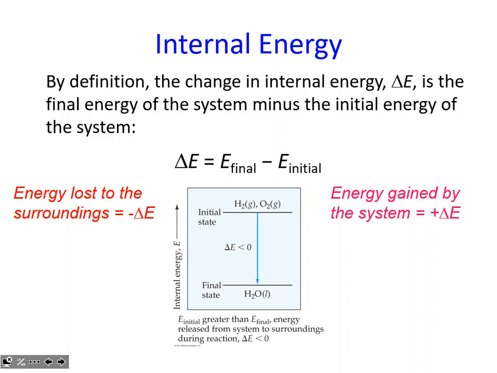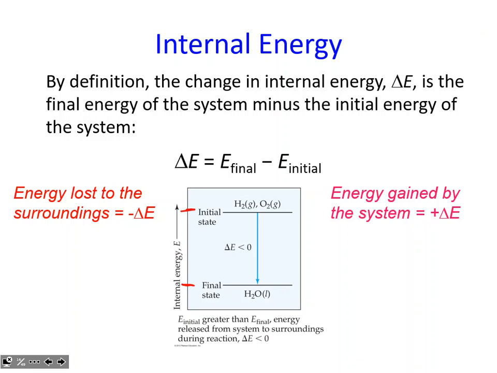And internal energy, what does that mean? Looking here, if we have hydrogen and oxygen combining to form water, the initial energy is greater than the final. Here's your initial energy state, here's your final energy state. So when those two things combine to form water, where does this energy go?